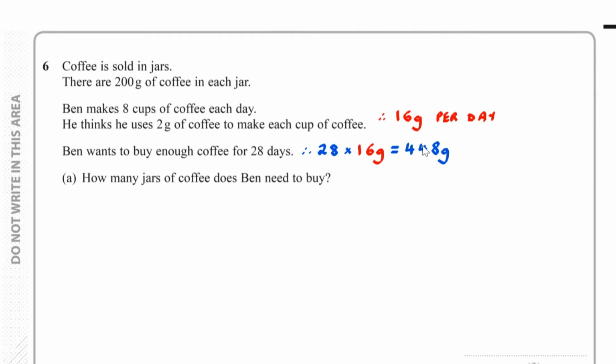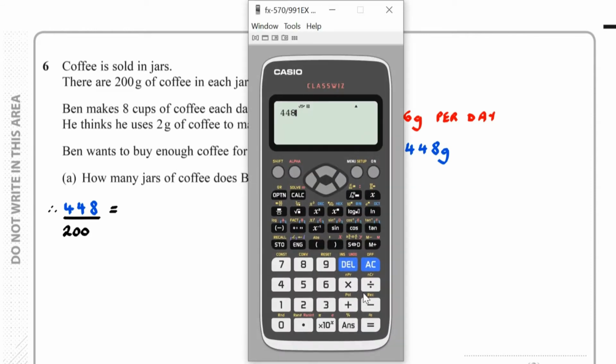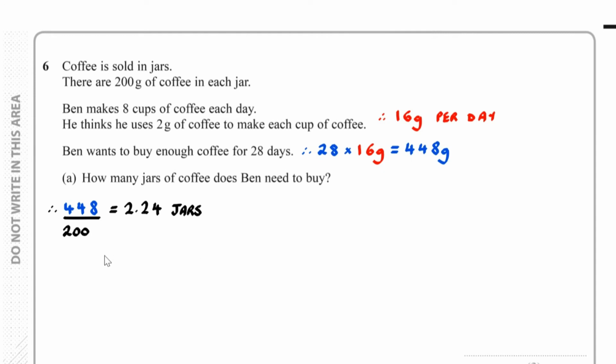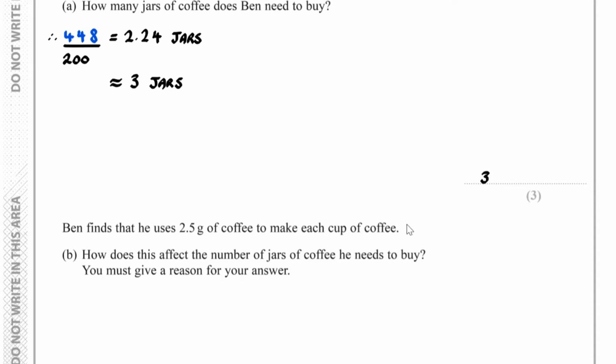Well, we need 448 grams, so the calculation we would have to do is 448 divided by 200, which is equal to 2.24 jars, which is approximately equal to 3 jars. So we require 3 jars.